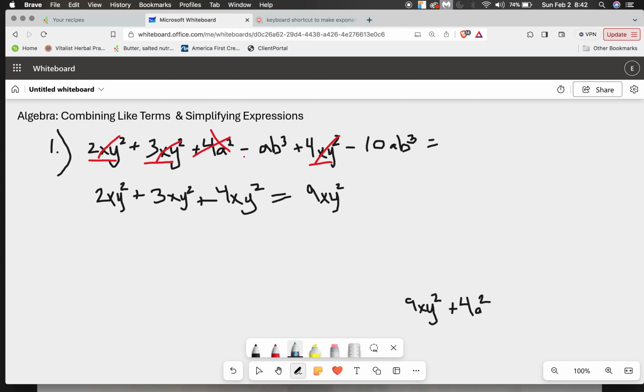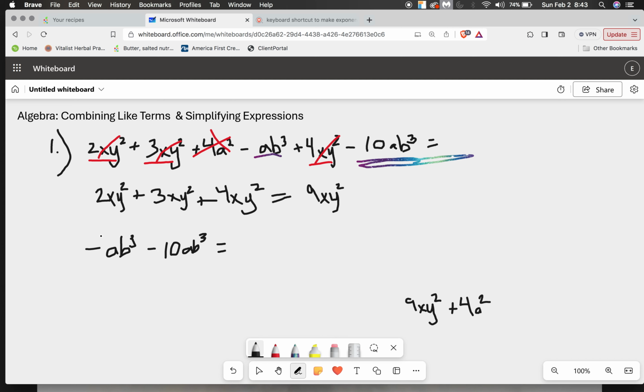And then we have ab cubed and 10ab cubed. So we're going to deal with those two. My nice purple. Look at that. It's a gradient. Isn't that so fancy? Anyway, we have negative ab cubed and negative 10ab cubed, so let's write those out over here and solve them. So negative ab cubed minus 10ab cubed.